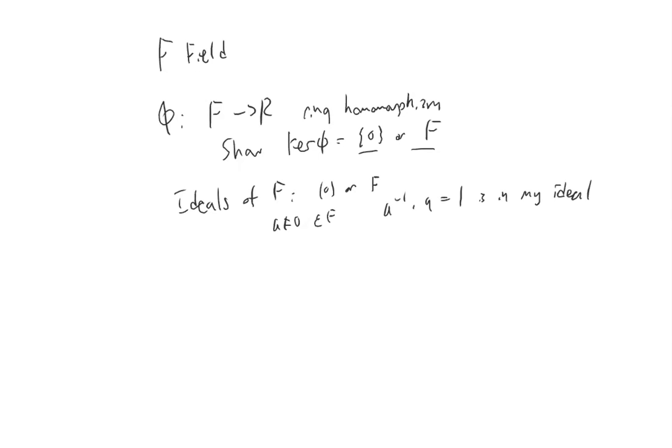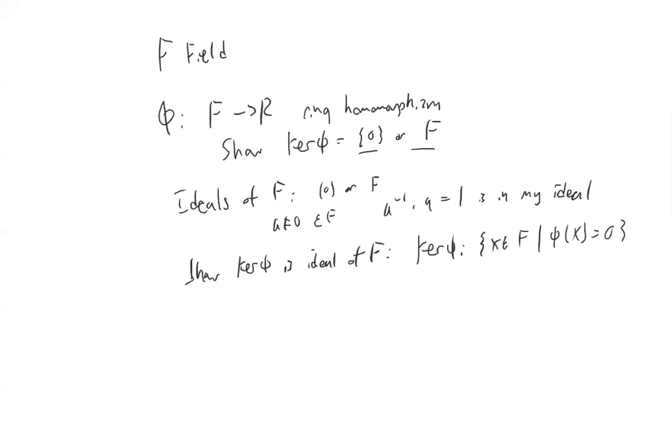So you're almost done. Your second step is to show kernel phi is an ideal of F. So what's kernel phi? It's the set of x in F such that phi of x is 0, right?